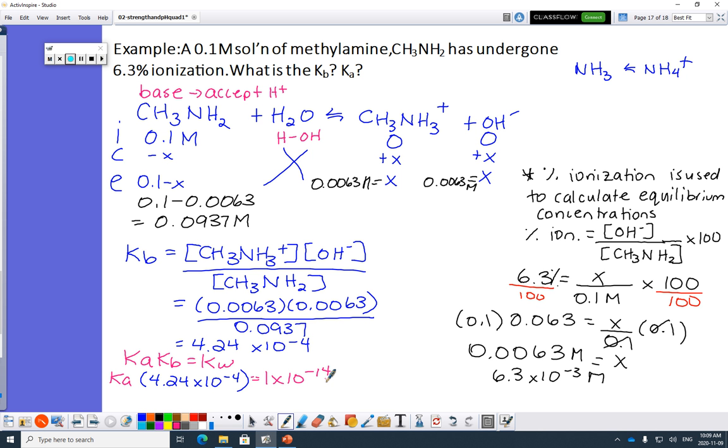And really, the annoying part to this is making sure that you can multiply and divide by scientific notation numbers in your calculator. So all you're going to do is 1.1 times 10 to the negative 14 divided by 4.24 times 10 to the negative 4. This is our x, so you're isolating it. If this bugs you, you can change it into standard notation. You don't have to use scientific.